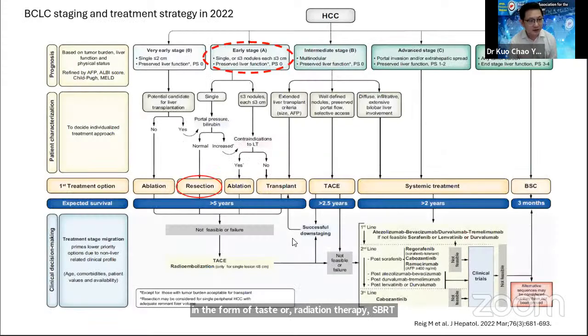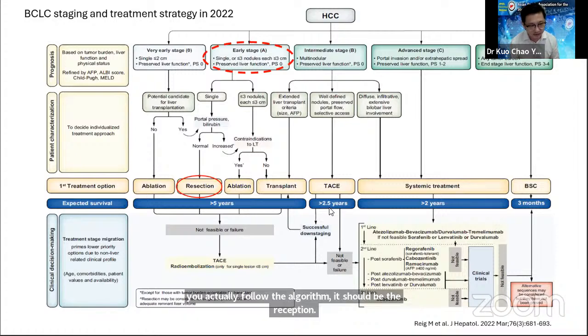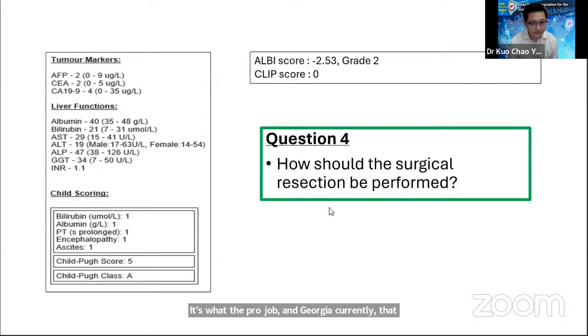If you look at the BCLC staging and treatment strategy 2022, these lesions are categorized as early. If you follow the algorithm, it should be resection, as Prof. George correctly mentioned just now. But the only problem is how the surgical resection should be performed.